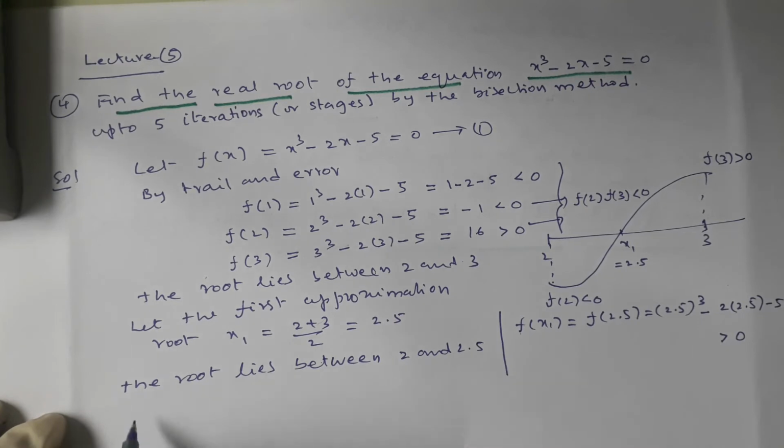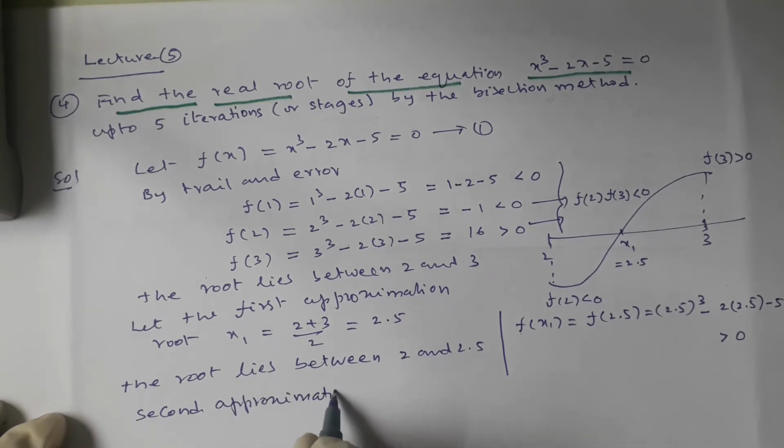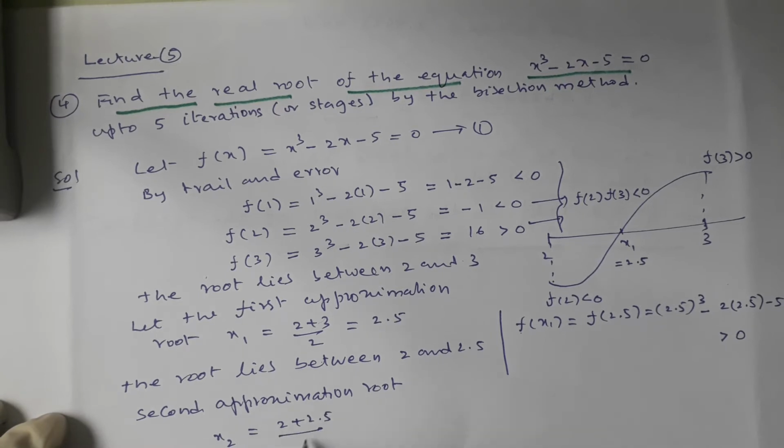So the second approximation root x2 is equal to 2 plus 2.5 by 2 is equal to 2.25.